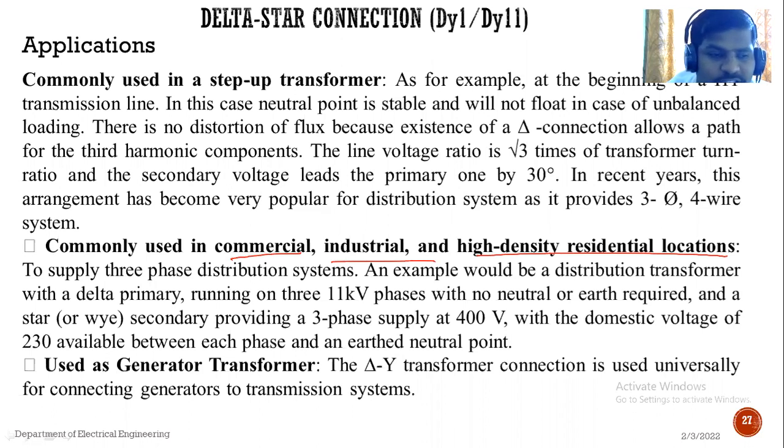The domestic voltage of 230 volts is also available, that means single phase 230 volts, 3-phase 440 volts, available between each phase and neutral as well as the earth neutral point.